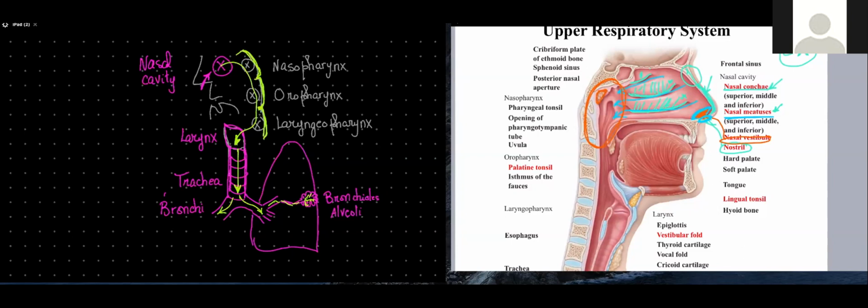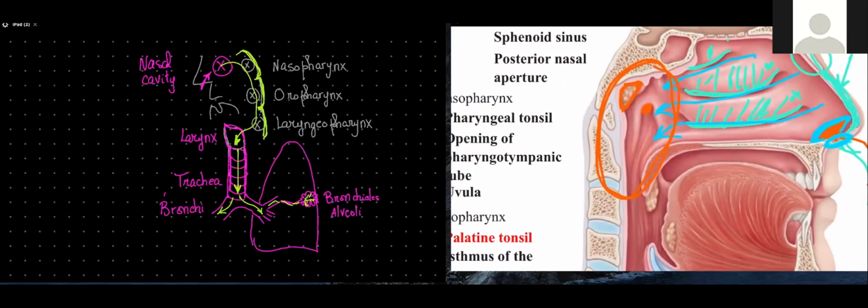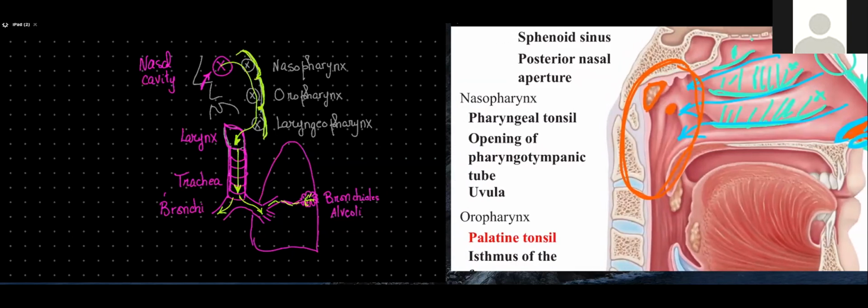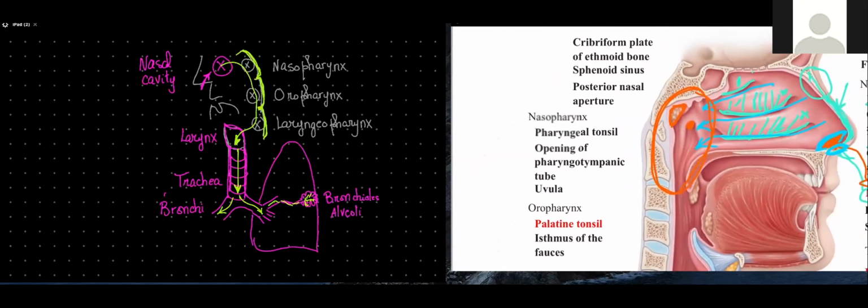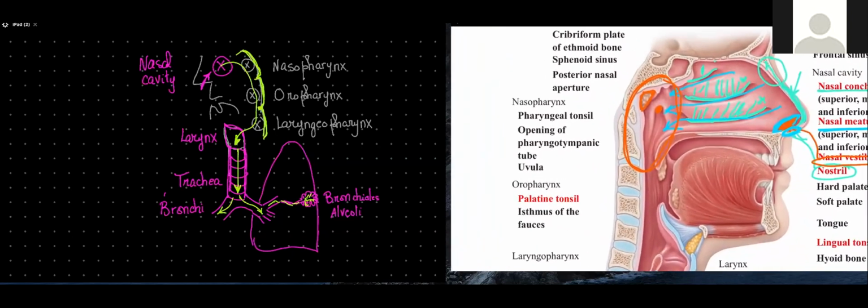This is called the pharyngeal tonsil. And you see this depression is where I have the opening of a tube that connects the nasopharynx to my middle ear. This is called my pharyngeotympanic tube or the Eustachian tube.